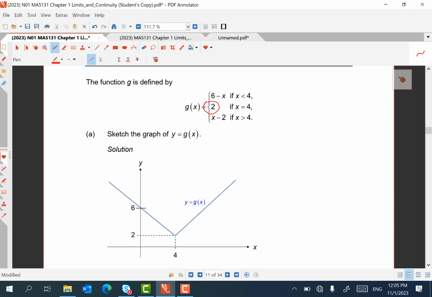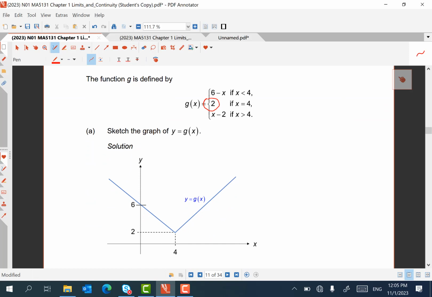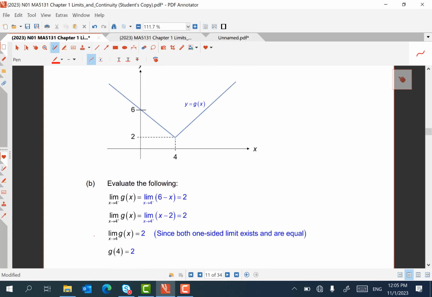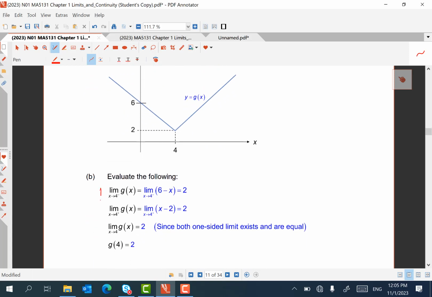It's now very nice, no brokenness at all. And when you find the limits, they all match. So when they all match, you realize that this is a continuous function. Continuous, there's no brokenness.